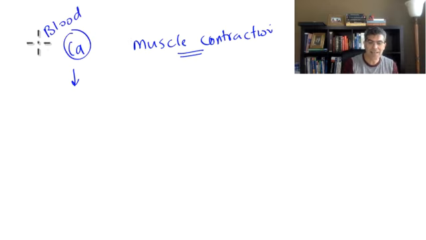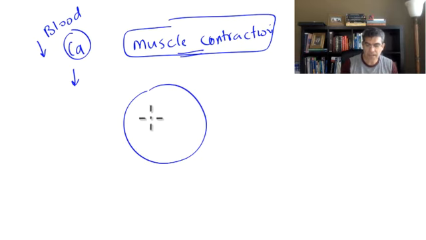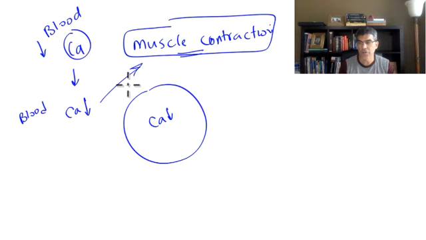If the blood calcium goes down, your muscle cell is going to go to contraction. That is different than calcium inside the cell. This is the cell. If the calcium inside the cell goes down, contraction is going to stop. We are talking about calcium inside the blood. If calcium inside the blood goes down, then the muscle is going to go to contraction. The mechanism is different than what you saw inside the cell. So don't confuse these two with each other.